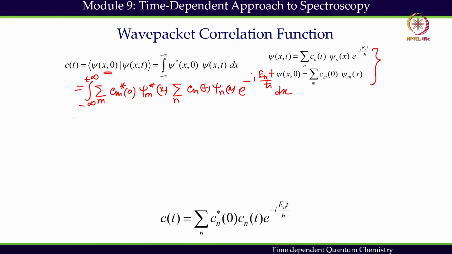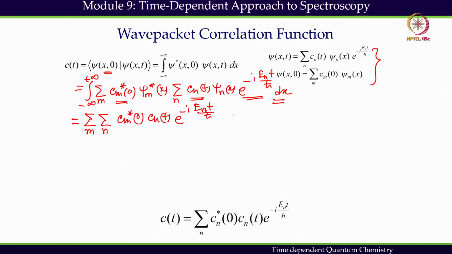And after that we can reduce it very easily in the following way. I can have these two summations together, then Cm star 0 and Cn t can be taken out because they are purely time dependent, and this integration is over the space, that is why we can take them out. The time dependent phase factor can also be taken out because it does not depend on the space.